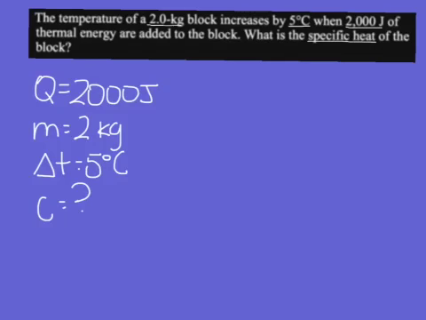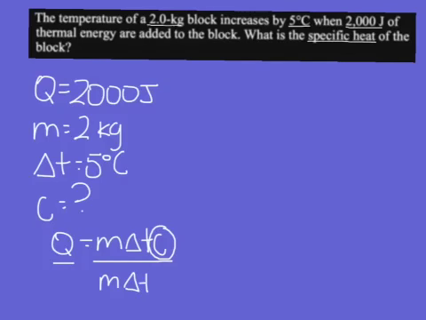So that means we have to change our formula. And how do we do that? Well, I'll tell you. First, write down the original formula. Let's circle what we want to find. And now we're just going to divide on each side, because the equal sign means to do the same thing on each side.